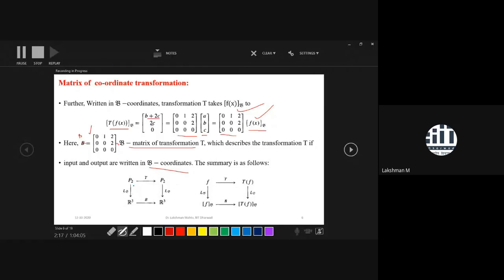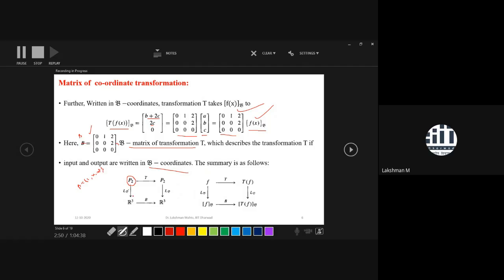In the total picture, we can say it this way. If you are talking in terms of beta coordinates, you have the polynomial space P2, and we take a basis beta having elements 1, x, x square. With respect to this basis, you will get a coordinate.